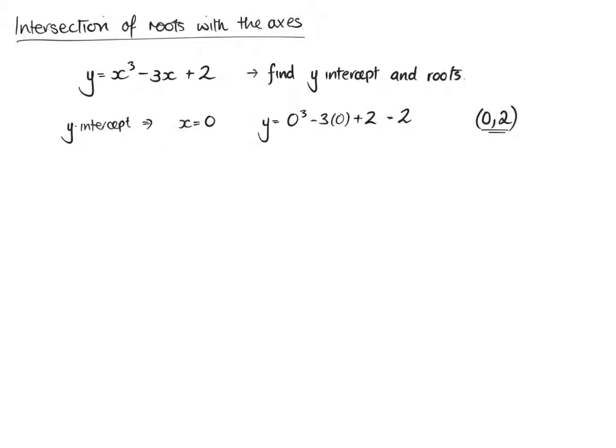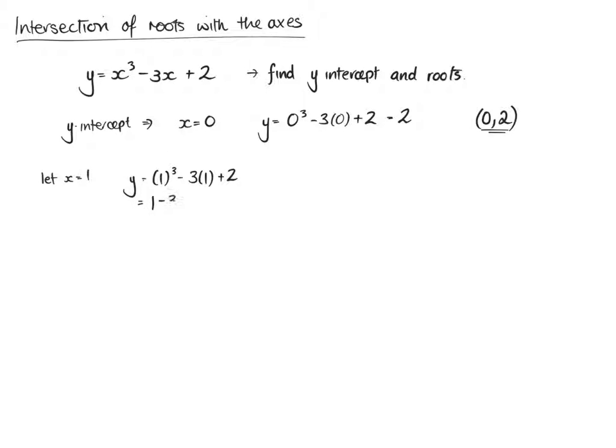Okay, and then we need to find our factors. So we need to try factors of 2. Okay, so if we let x equal 1, we'll have a try. So that means y is equal to 1 cubed minus 3 times 1 plus 2.